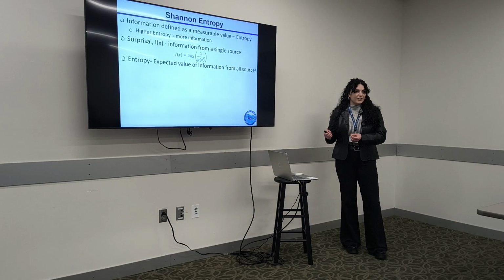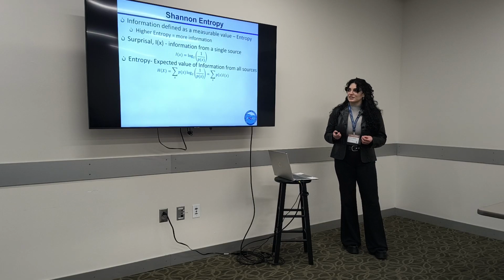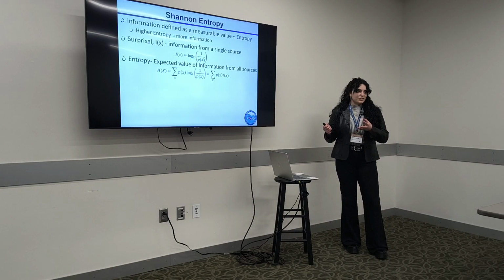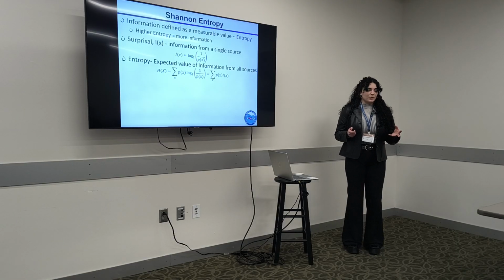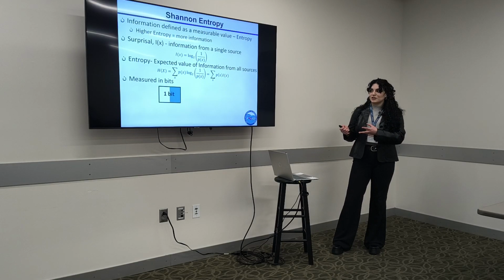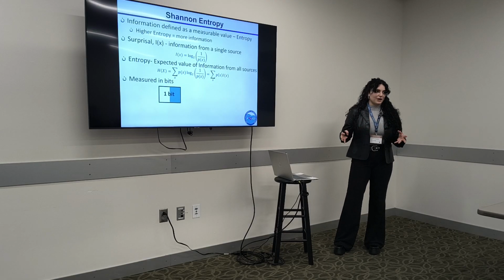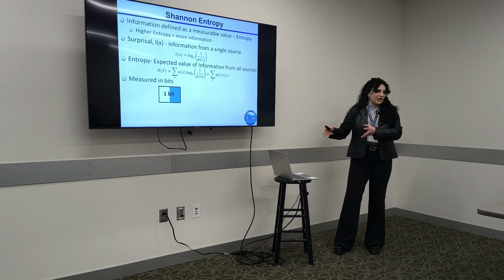The entropy of an event is the expected value of all the information sources. It's effectively a weighted average of all the surprisal terms. Entropy is measured in bits. This leans back to the log base 2 structure. When you receive 1 bit of information, this splits your set of all possible outcomes in half, meaning that only half of the original outcomes can continue to occur.